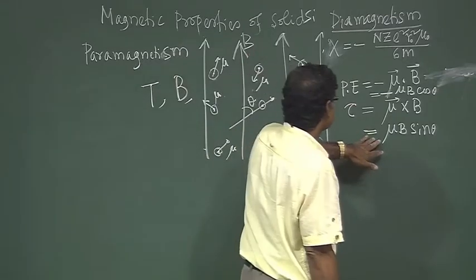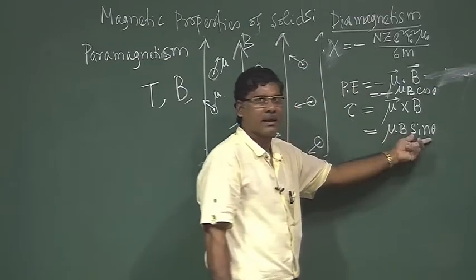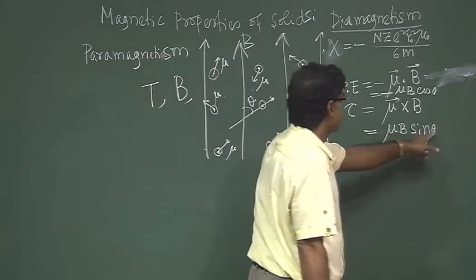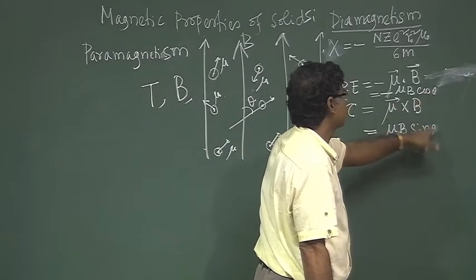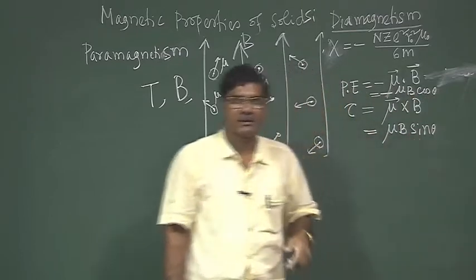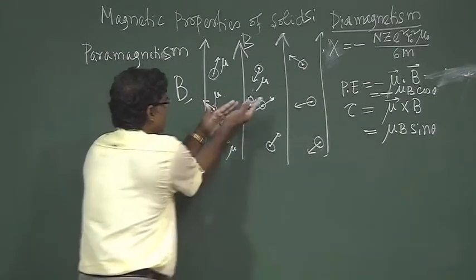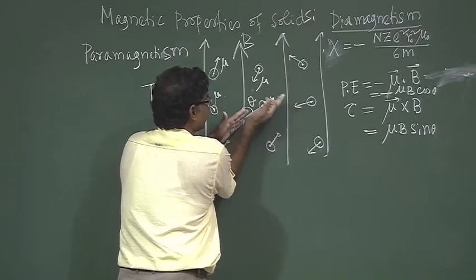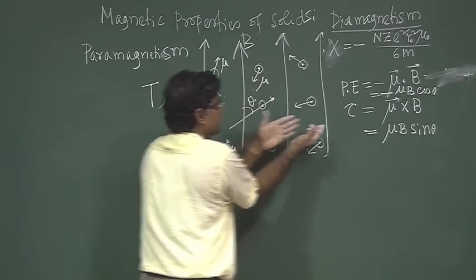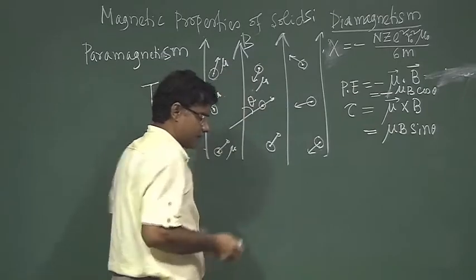Now, this potential energy and torque will depend on the orientation, this theta, so the energy varies with cos theta and the torque varies with sin theta, right. So this theta value will be decided depending on the torque.